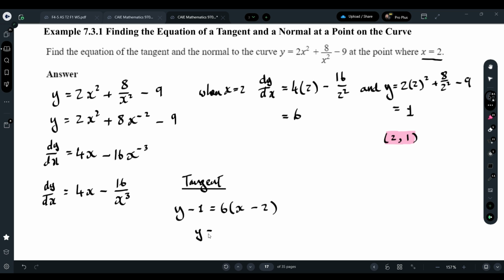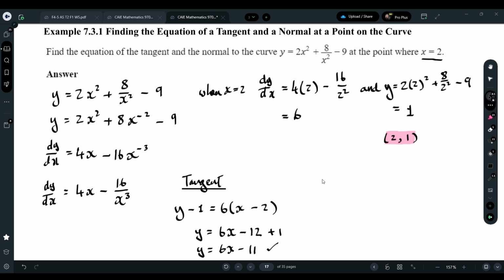And we find that when we expand and simplify this out, we get y is equal to 6x minus 11. So that minus 1 was just, we added 1 to both sides. That's why we see it as a plus 1 on the other side. Okay, hopefully we are all good with that.